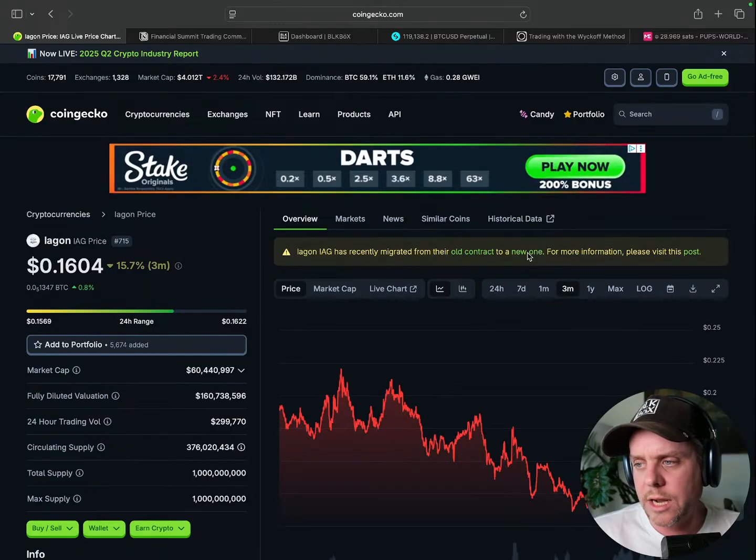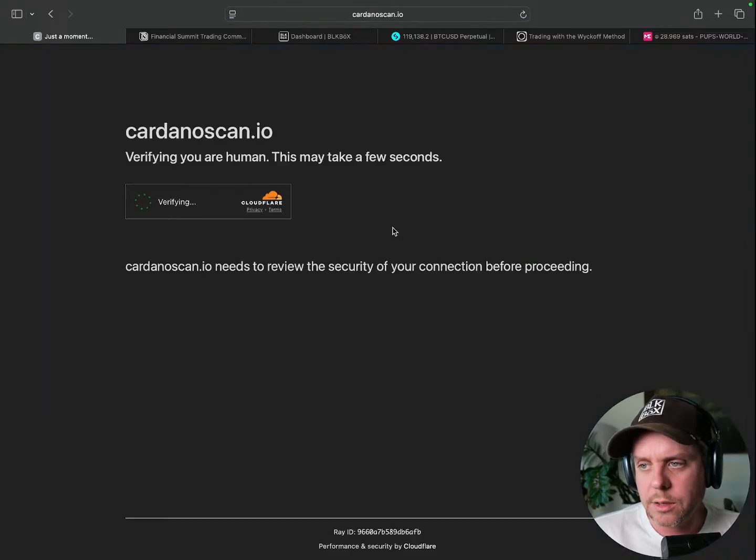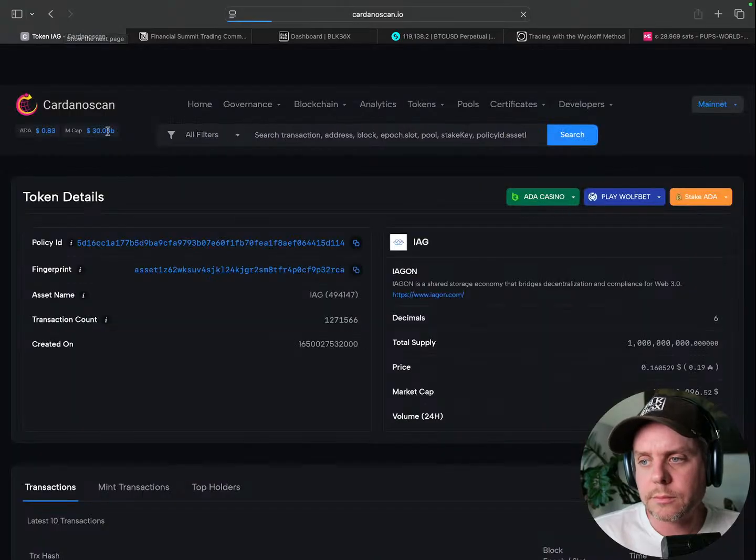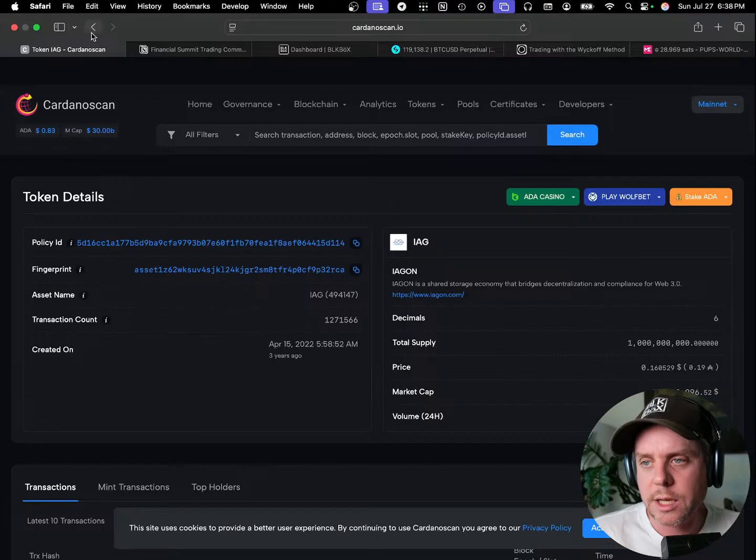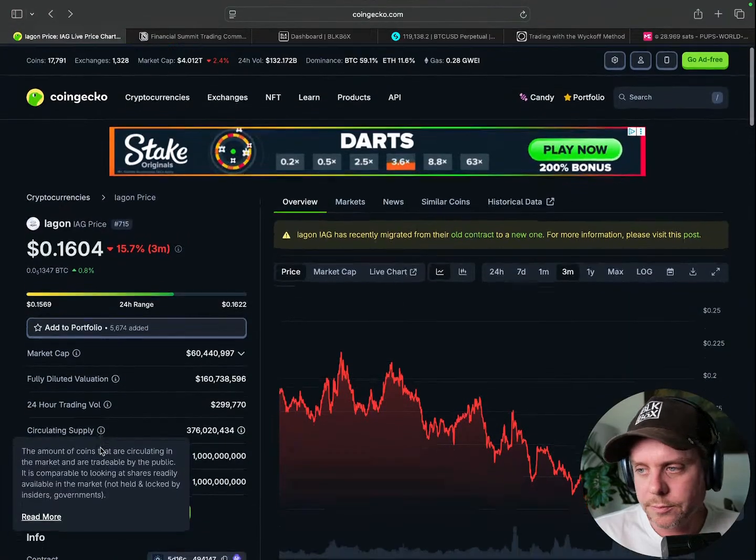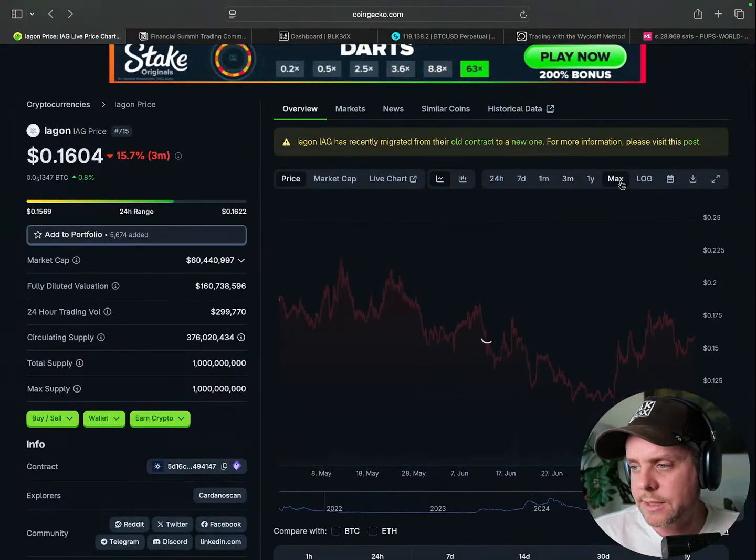They migrated from their old contract to their new one. Let's go to their new one. Okay, Cardano scan. That's not what I care about. Let's take a look at the max here.